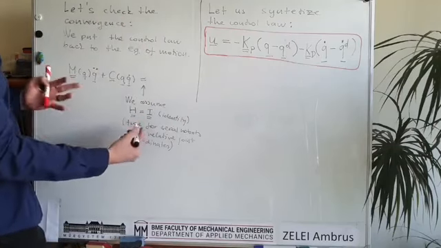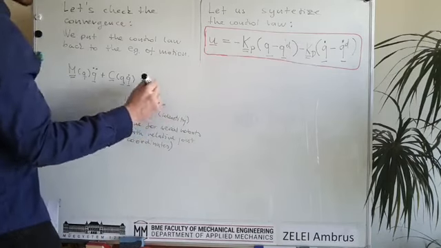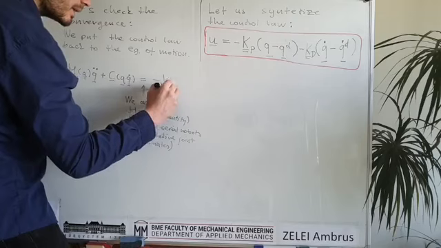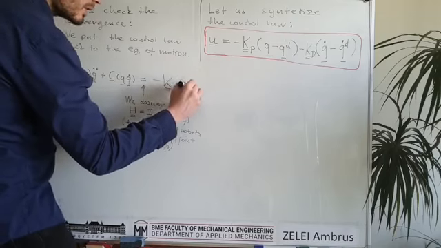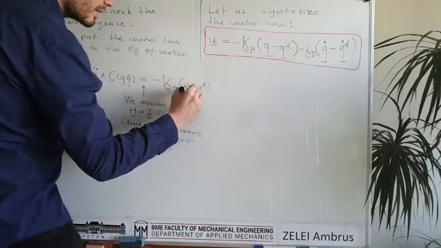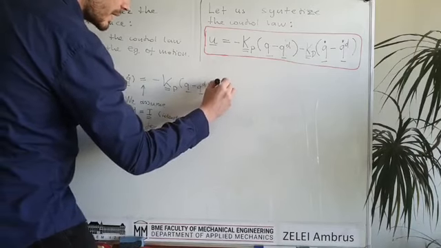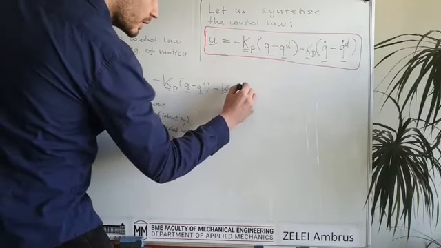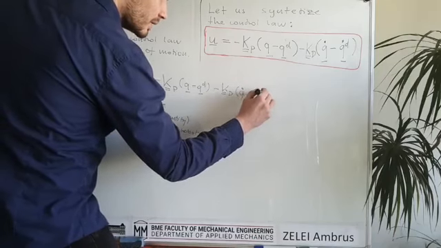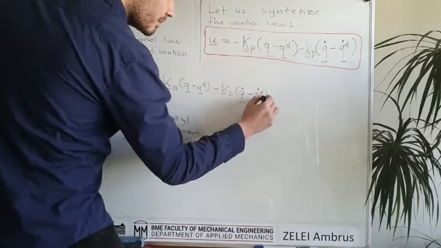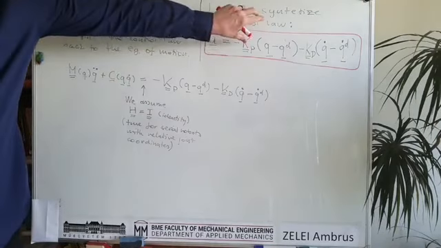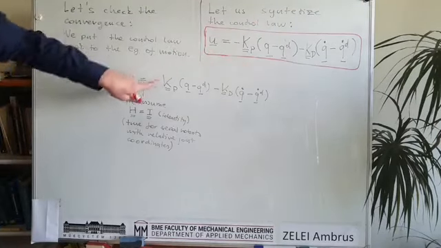So the identity matrix doesn't have to be shown here, so we directly say that minus Kp times (q minus q desired) minus Kd times (q dot minus q desired dot). So this will be our equation of motion if we put back the control law instead of u here.